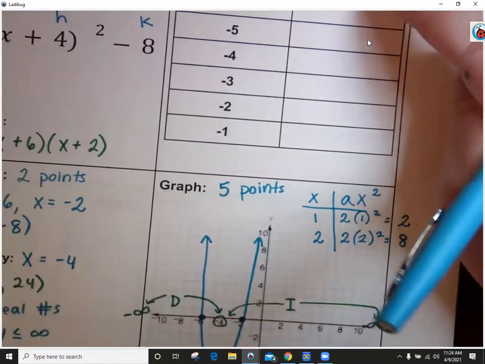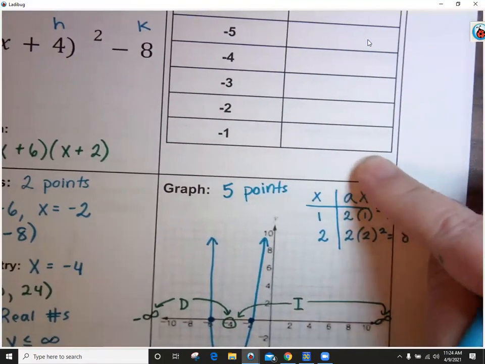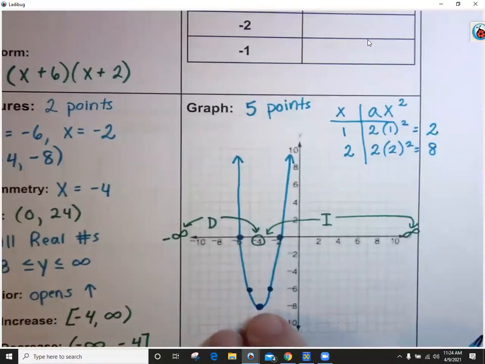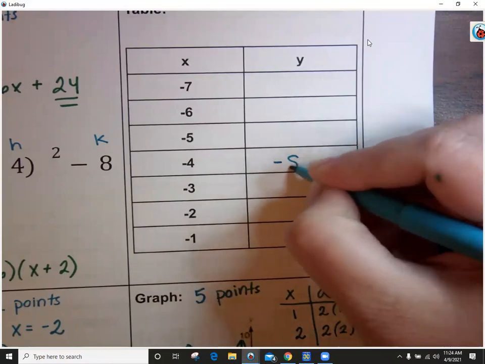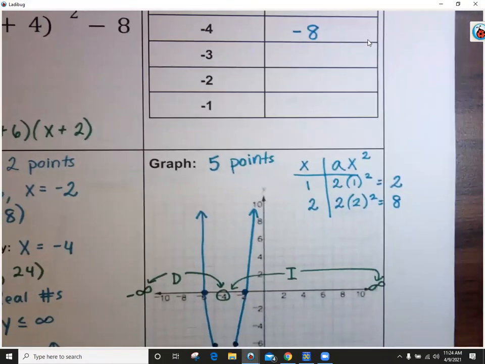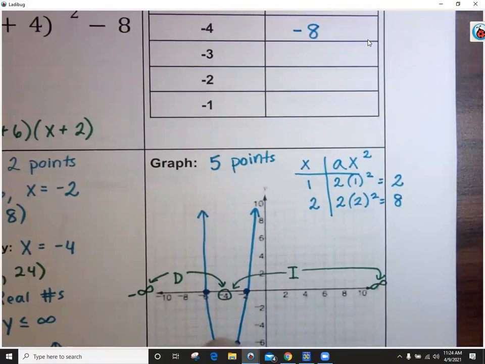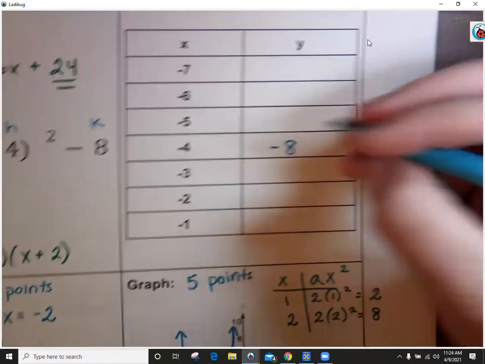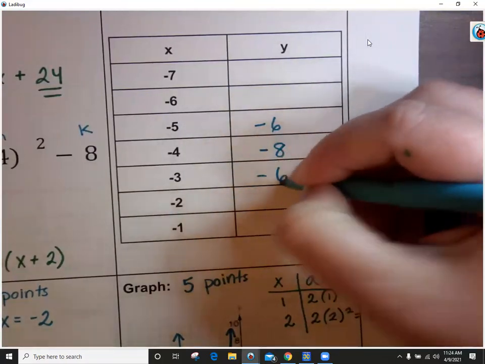And then for the table, we have almost all of these points in our graph. Like the vertex was down here at (-4, -8), so that's this point in the table. And when we made that first move, we were at (-3, -6) and (-5, -6), so we have those 2 points in the table.